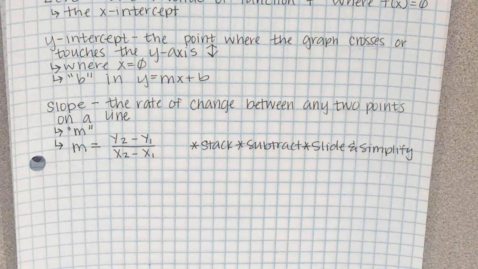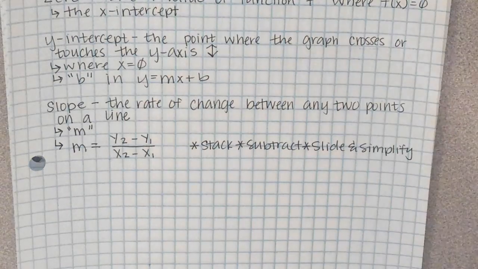If rise over run works for you, keep using it. If the formula works for you, keep using it. I don't want to change it for you. I'm just showing you a different way of doing it. Okay? And for some kids, this comes out a lot easier than trying to remember the formula. And for some, they prefer the formula. It is whatever you like. As long as you do the math correctly, you should get the same answer.